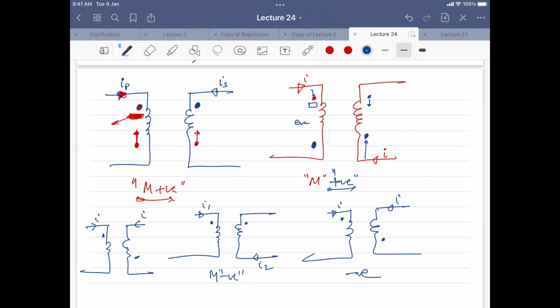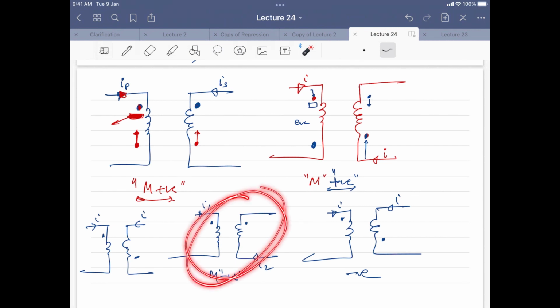Same? Okay, I made a mistake, I guess. Just a minute. Sir, can you explain the third case, why it is negative? Third case means this one? No, sir, beside. This one?